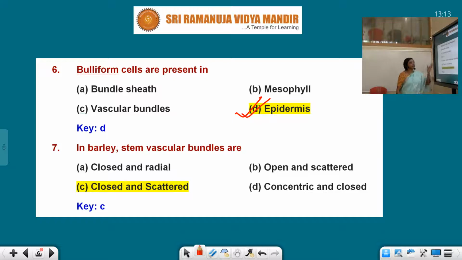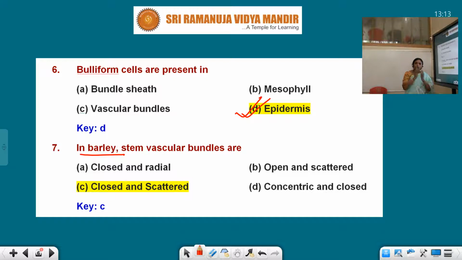Now question 7. In barley stem, vascular bundles are. When I say barley, it is monocot. So in the monocot stem, which type of vascular bundle? They are closed, because only dicot stem has cambium. Both roots, dicot root and monocot root, are closed, cambium is not there.